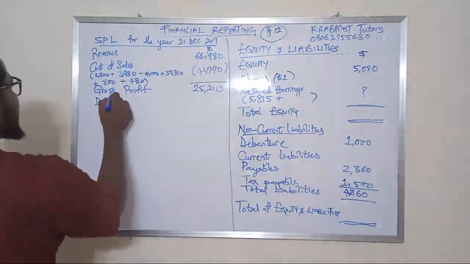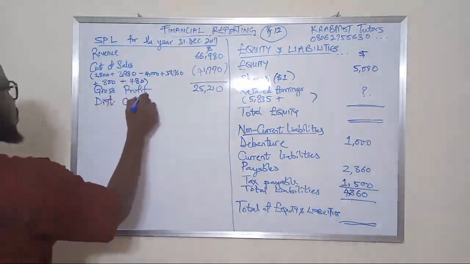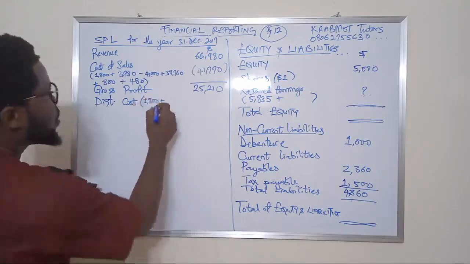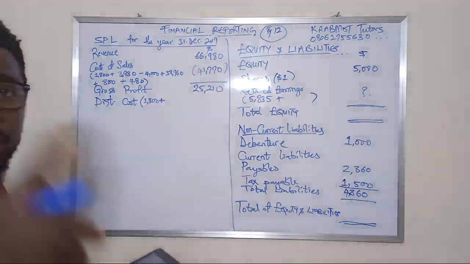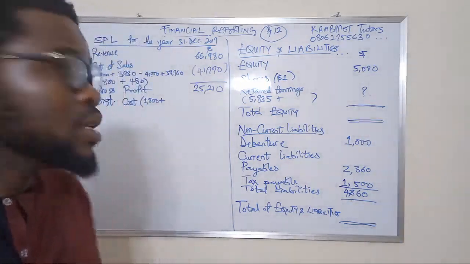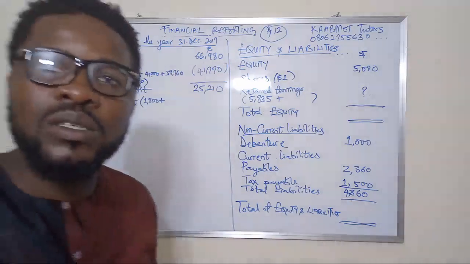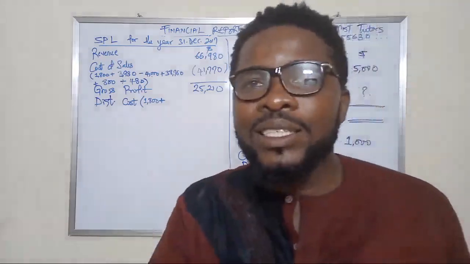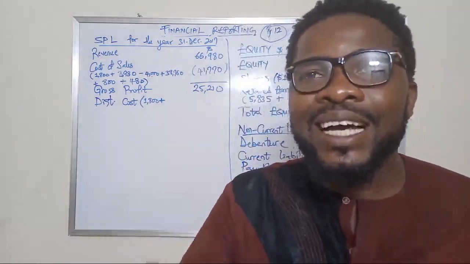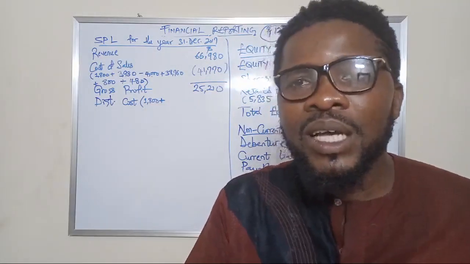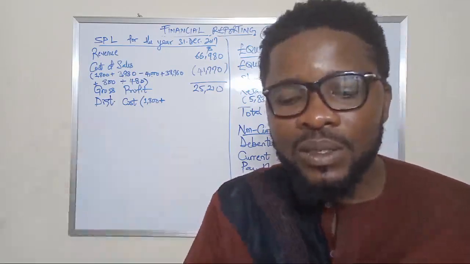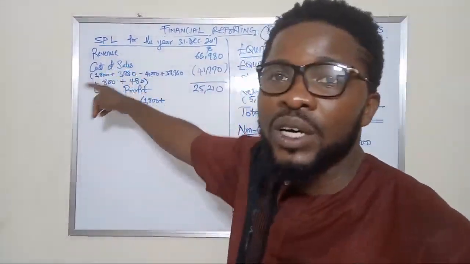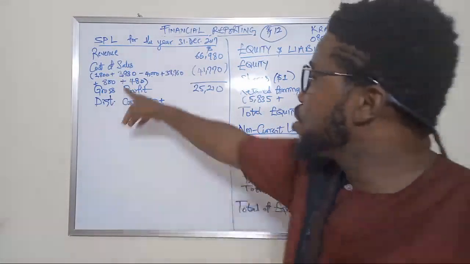Okay, distribution cost. Remember our 1,800 that we did then? Yes, you add the depreciation. The reason you add the depreciation is what? It's an expense. Expense is a debit. Cost of sales. Depreciation goes in there.